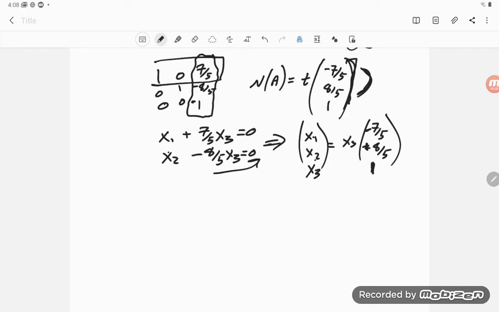Now, in terms of this vector, how did I see that coming? What I would have done back here is, these are the positive 7/5, that's negative 7/5. I got a negative 8/5, I got a positive 8/5. And so if I have a positive 1 here, I need a negative 1 right there.